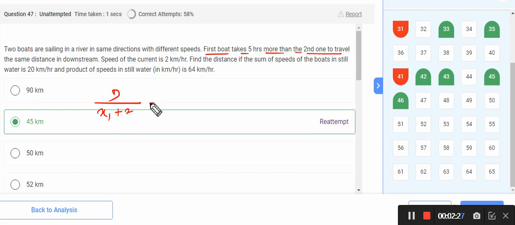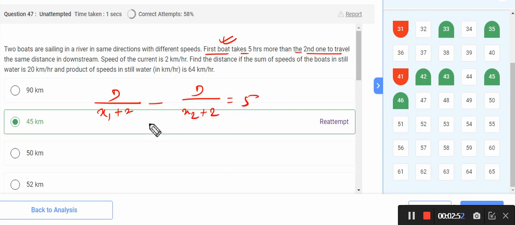It will be 2 minus. As the first boat is taking more time, we have to put this factor in the first position, and the same distance will be traveled by the second boat downstream. So the speed of the second boat plus the speed of the stream.